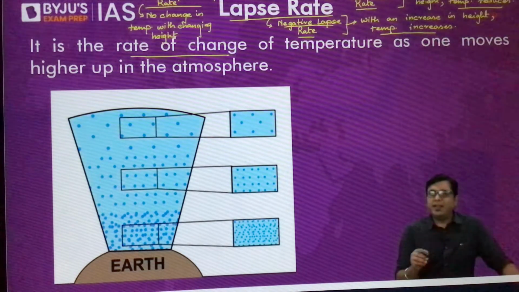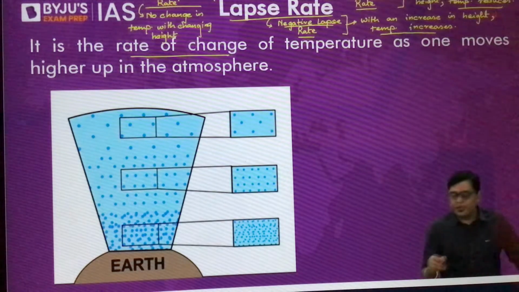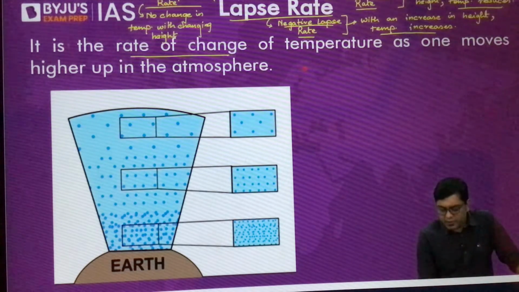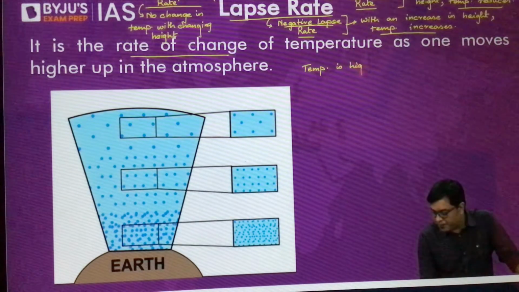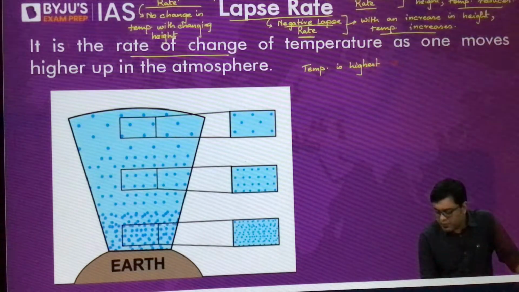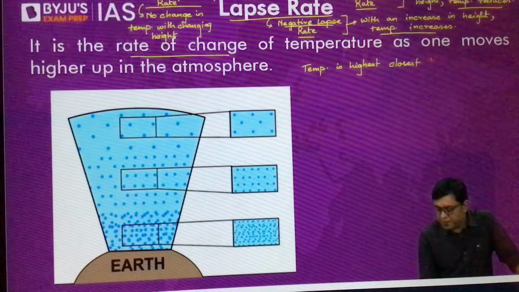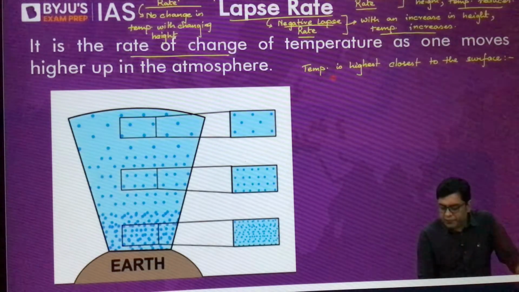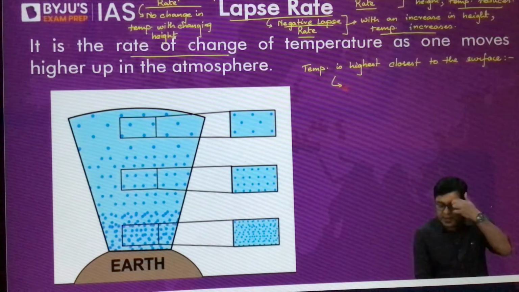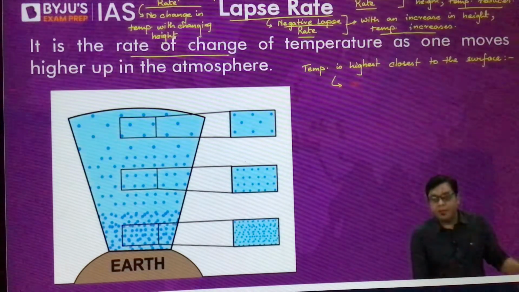Now, why is it that the temperature is highest closest to the surface? Temperature is highest closest to the surface. So here, if you take a look at it, there are basically two reasons ascribable to it.